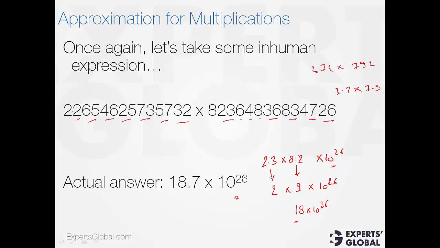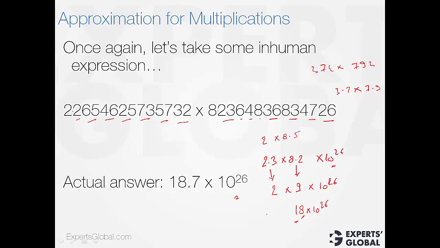Even then I would not get a very bad answer. 2 into 8.5 turns out to be 17. Still, it's not a very bad answer if I'm reducing by absolute quantities. Still, I'm getting a reasonably good answer. But if I do it percentage wise, I get an answer which is almost accurate.